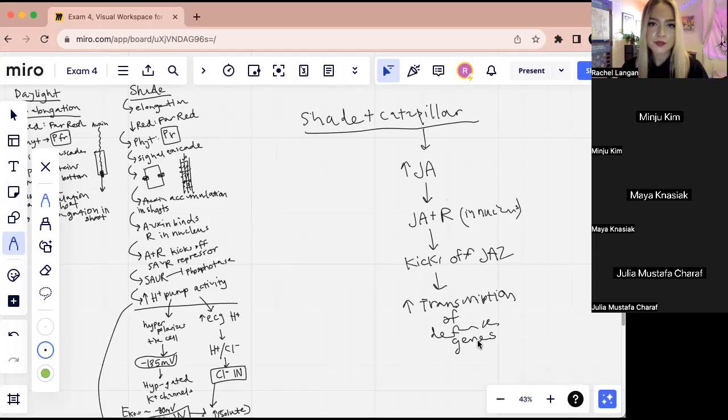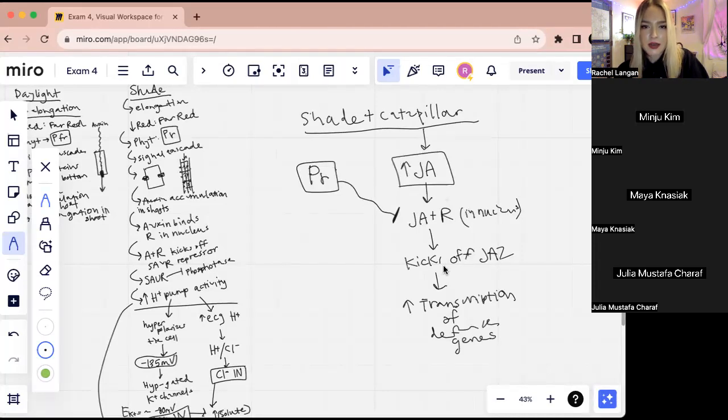But if it's in the shade, what we find is the PR form of phytochrome inhibits some part of this pathway downstream of JA. What is the result of that? That means that in the shade, we still see an increase in JA, but we do not see defense gene transcription increase.